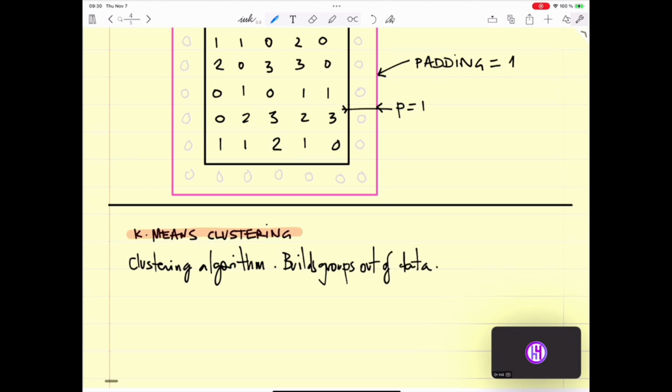The hypothesis is data are Euclidean, because we're building a group based on distances.